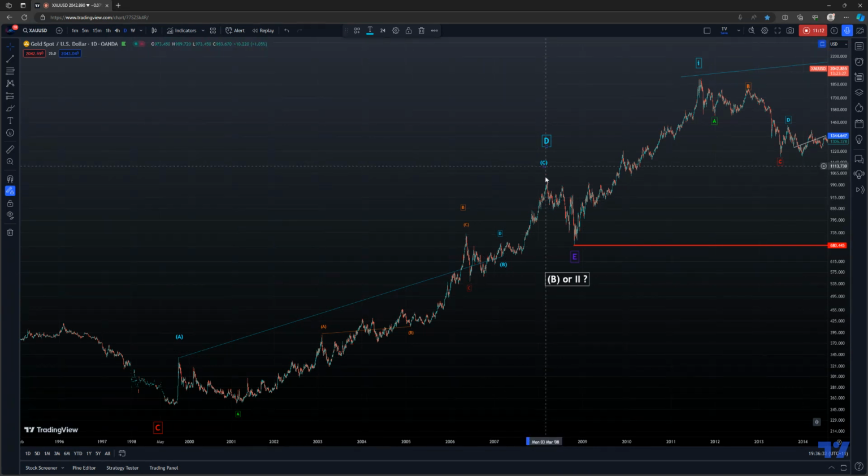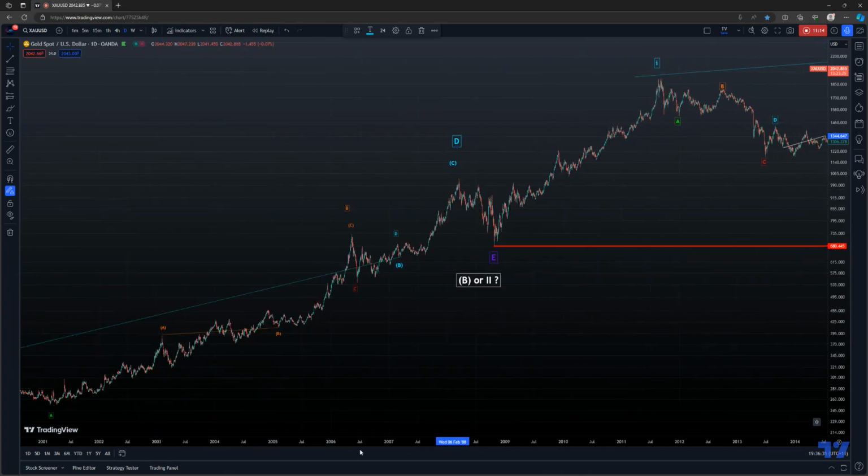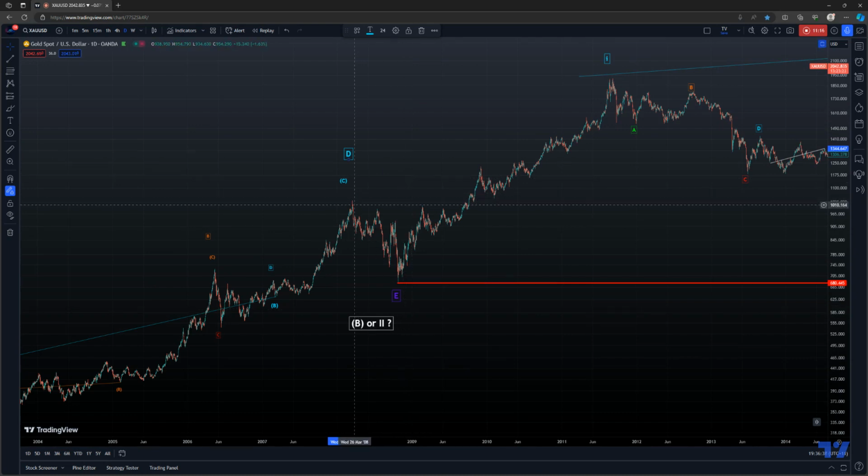We've got this GFC move that is basically looking like a weak five wave move also, right? I used to think potentially it was a wave four correction or some kind of corrective pattern, but look, it just looks like a simple five wave move that's weak, right? A bit of alternation between two and four.